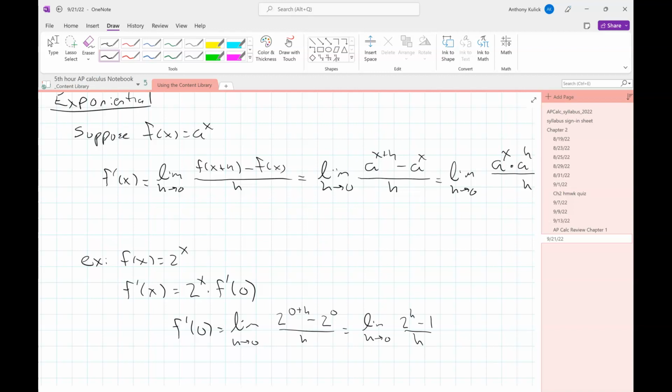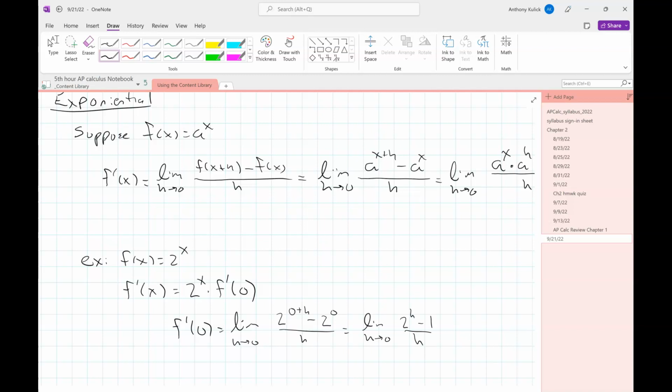Okay. Is there another way I could calculate this limit? Can you factor 2^0 from the first? I mean, you could, but it's the same thing as putting a 1 times 2^h minus 1. You could do that, it's just not helpful. Do we have other ways to evaluate limits?